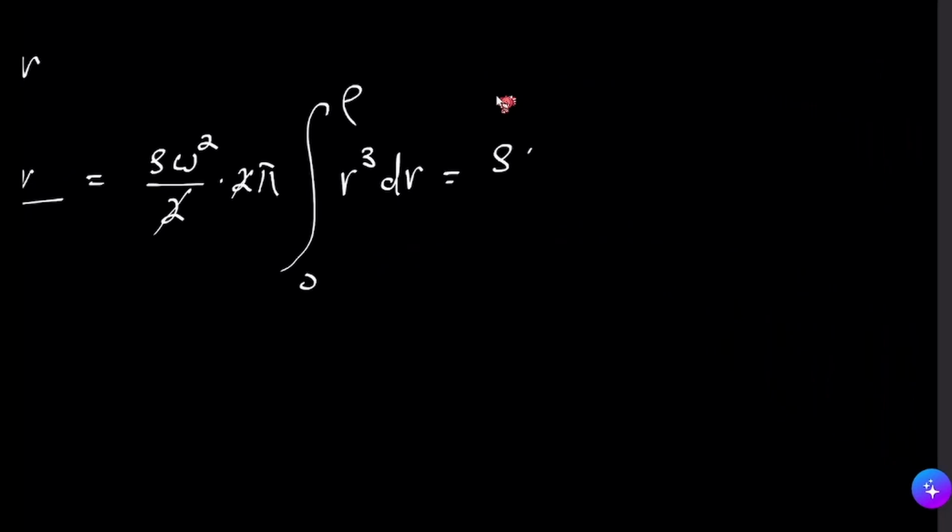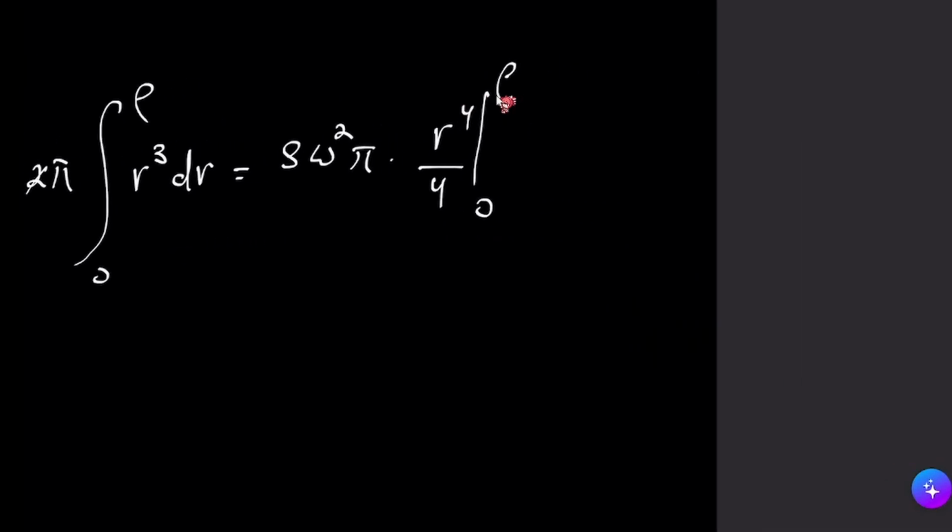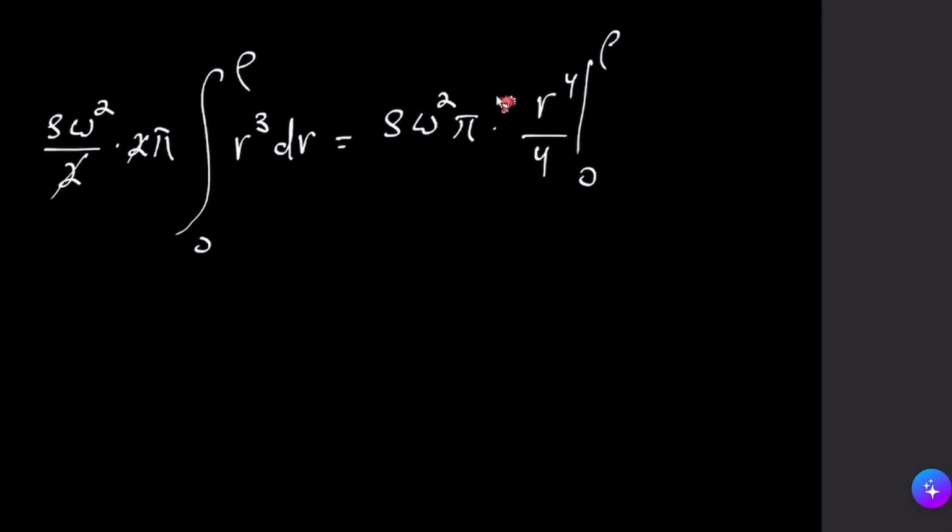So rho omega squared pi times r to the power of 4 divided by 4 over 0 to L. And since this is 0, we just plug in L for r, and then we get rho omega squared pi L to the power of 4 divided by 4.